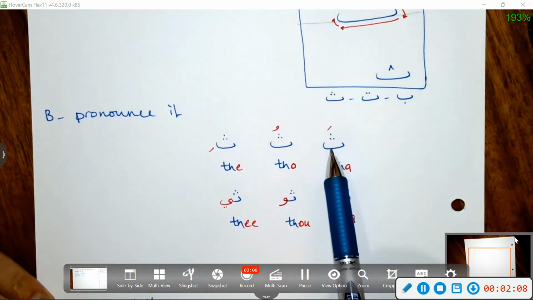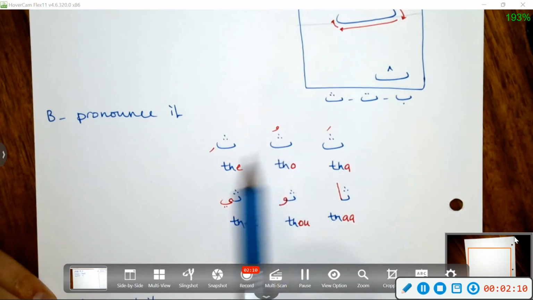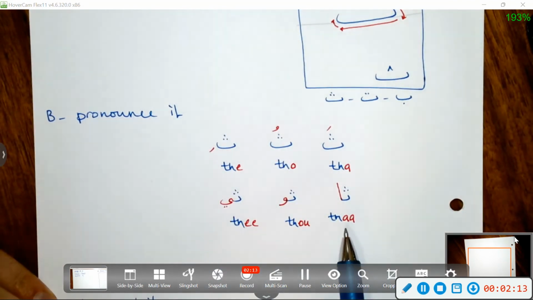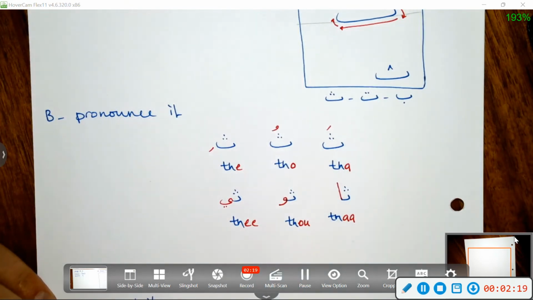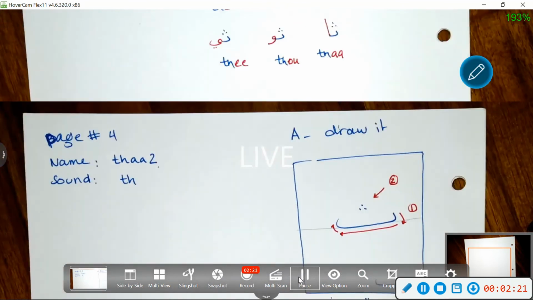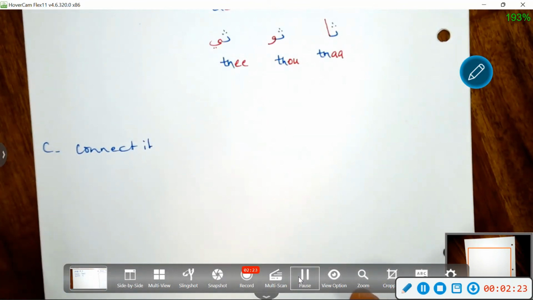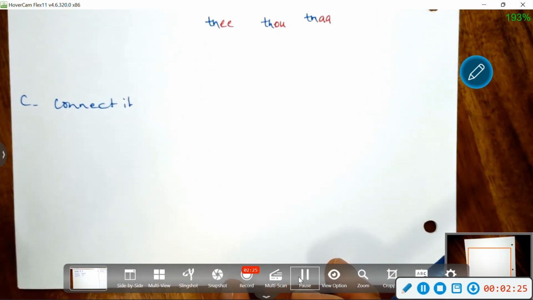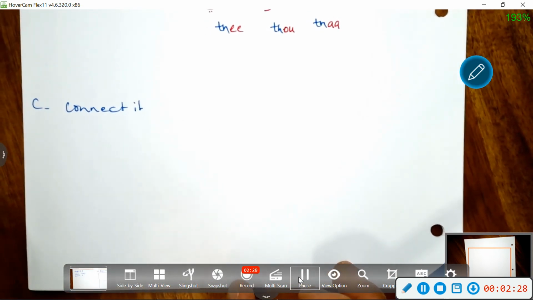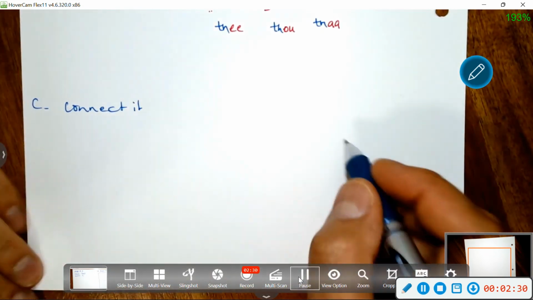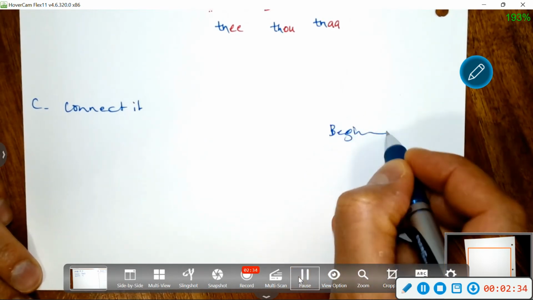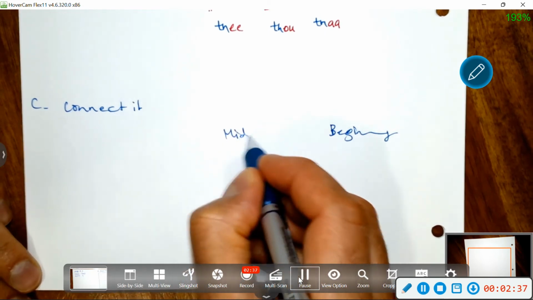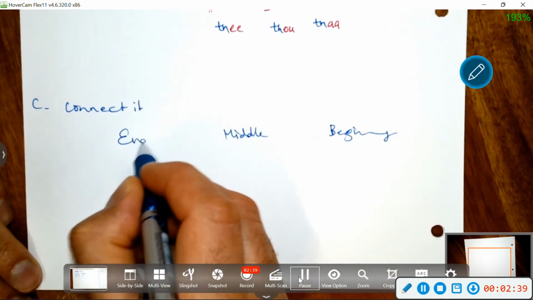So, tha, thu, thi, tha, thu, thi. Now how to connect it. At the beginning, middle, and end.